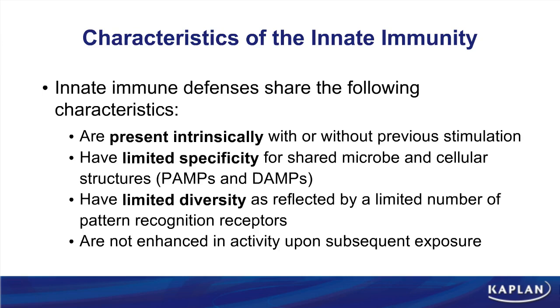The other thing that really puts the innate immune response at a disadvantage over the adaptive immune response is that there is no memory. So every time the innate immune response sees a pathogen, it's going to respond with the same amount of vigor that it did initially.